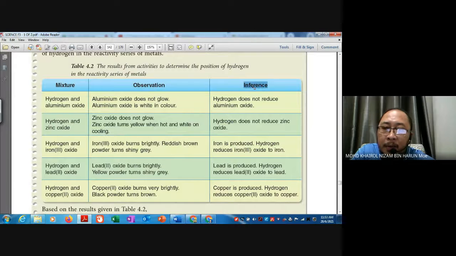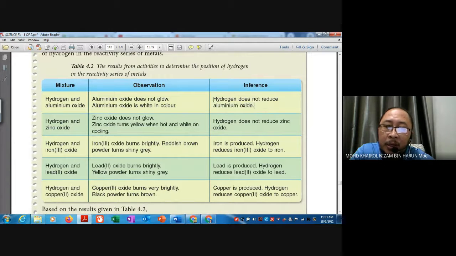What is the meaning of inference? Inference is an explanation of the observation. The observation is that aluminium oxide does not glow, which means no reaction occurs. The inference is the explanation of why the observation is like that. So we can say that hydrogen does not reduce aluminium oxide. The sentence is given like this.